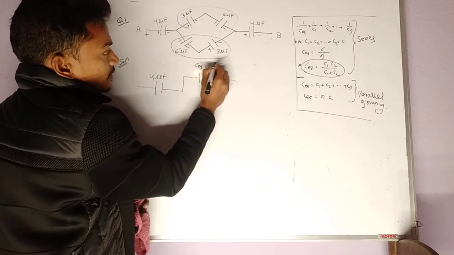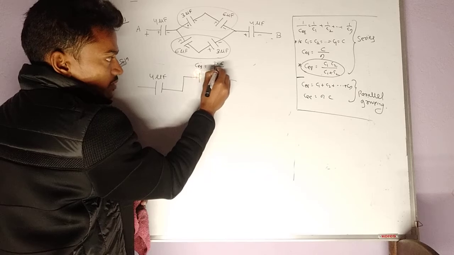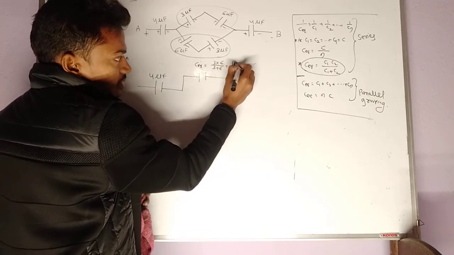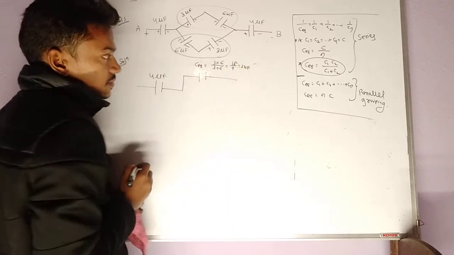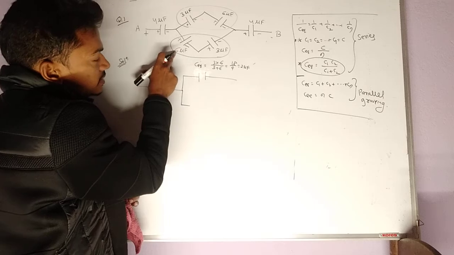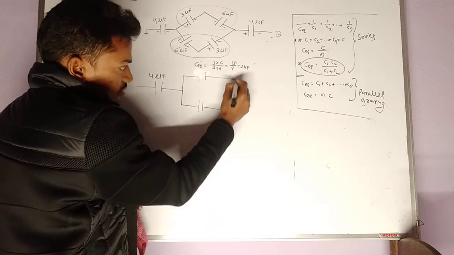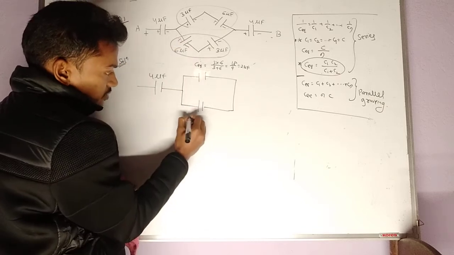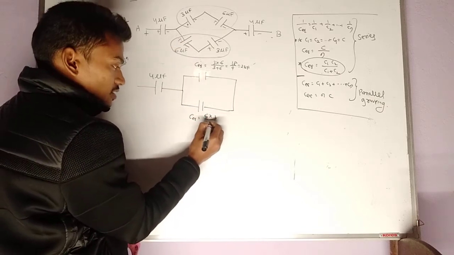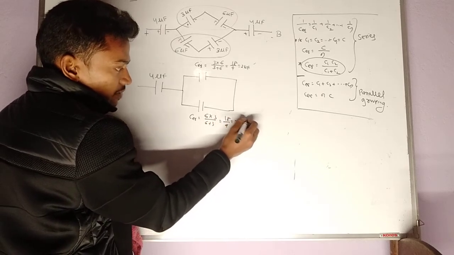So C equivalent is 3 into 6 by 3 plus 6, that's equal to 18 by 9, that's equal to 2 microfarad. Similarly these 6 and 3 are in series, so C equivalent will be 6 into 3 by 6 plus 3, that's equal to 18 by 9, this is 2 microfarad.